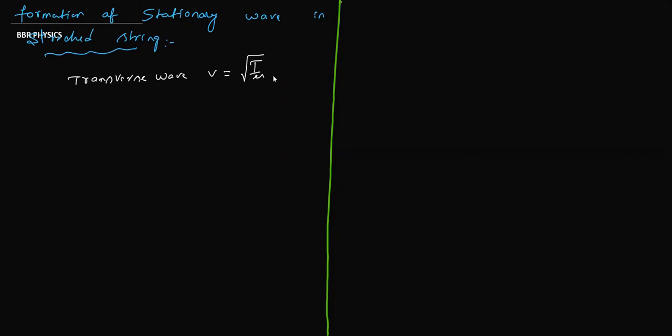What are the possibilities we can find? Let me check here. I am taking the first case like this. These are two rigid ends, and in between them one wire is there. What is the possibility if I make it oscillate? One wave can form like this. The wavelength is lambda by 2.